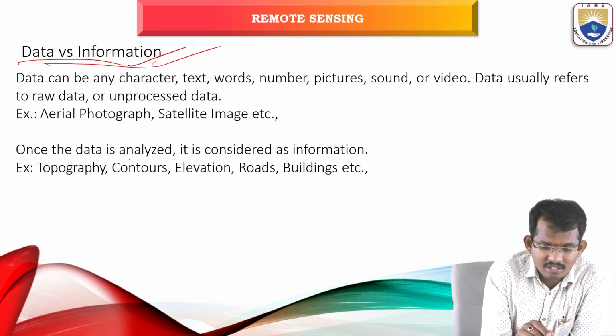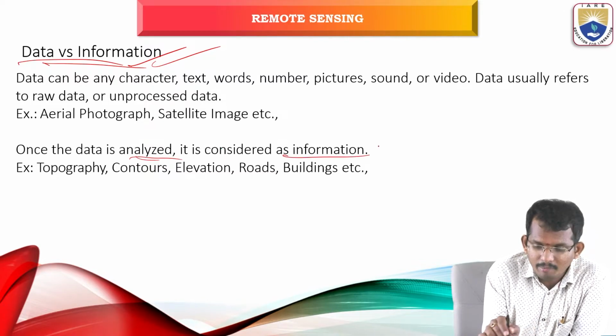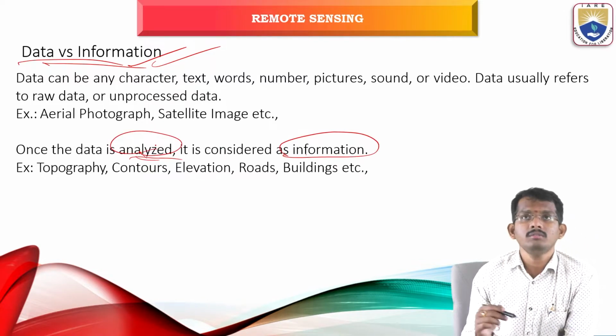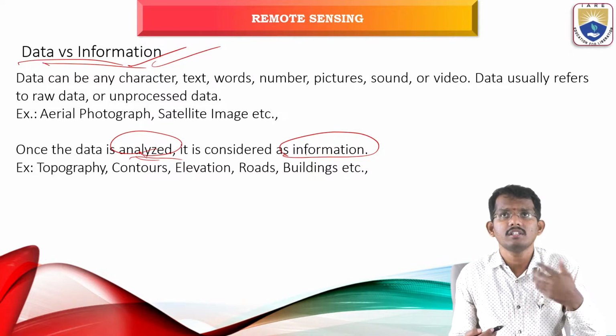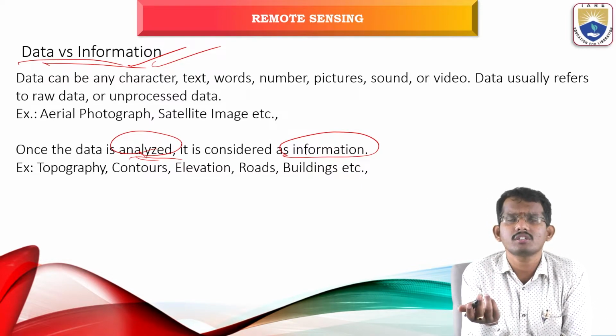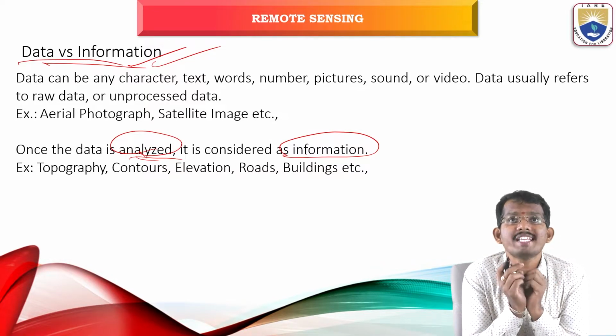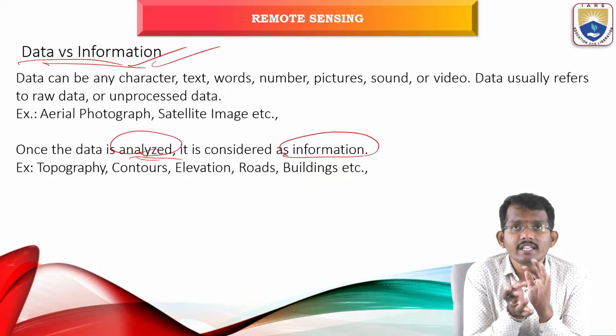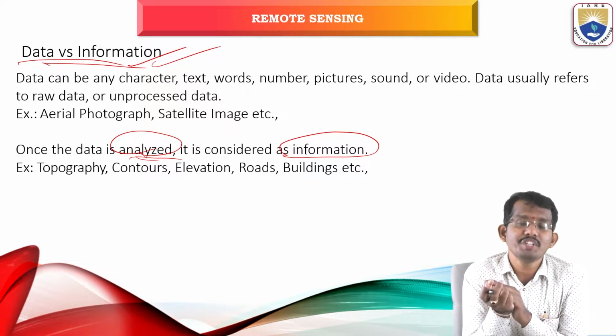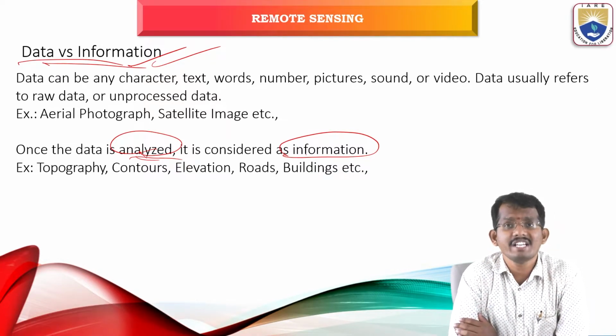Once the data is analyzed, it is considered as information. Whatever text, image, word, picture, sound, video, audio is coming is raw data. Once the data has been processed by visual image interpretation techniques or digital image interpretation techniques, then that data will be called information.